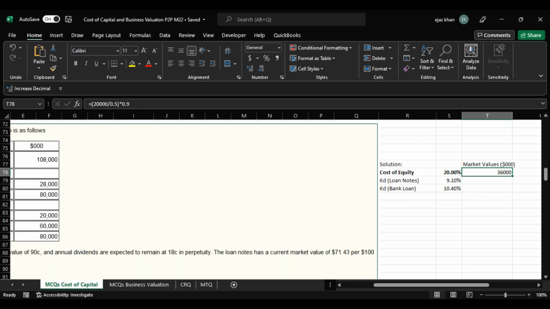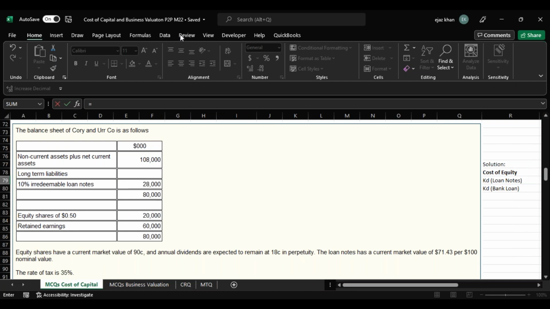Okay, I hope you people have understood how we have calculated the market value for equity. Similarly, we have to calculate the market value of loan notes. For that, again, we have to go to the balance sheet and see what was the total book value of the redeemable notes.